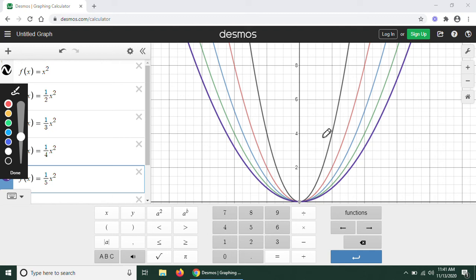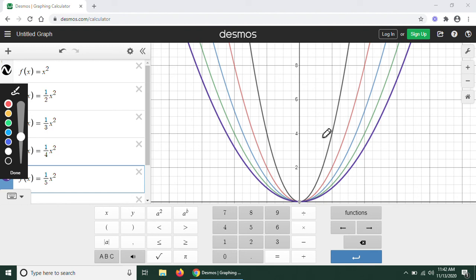Now, let me say why the words compression and vertical are being used. Let me start with the easiest part, compression.